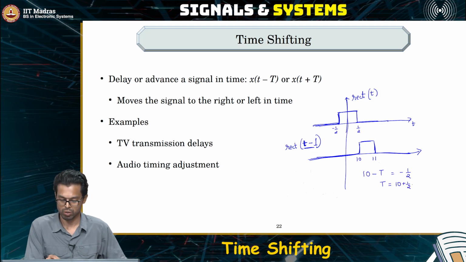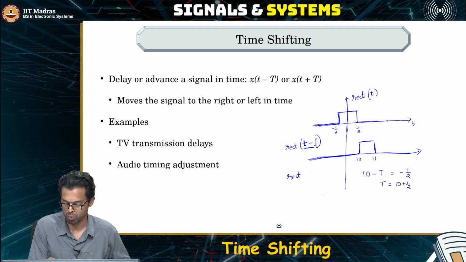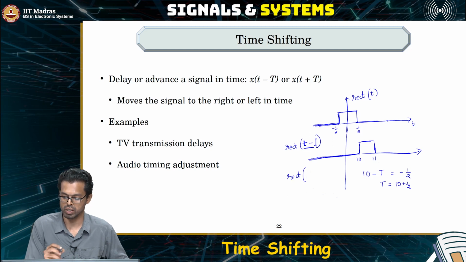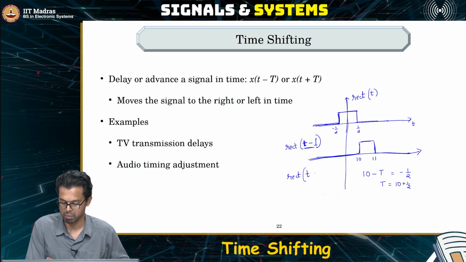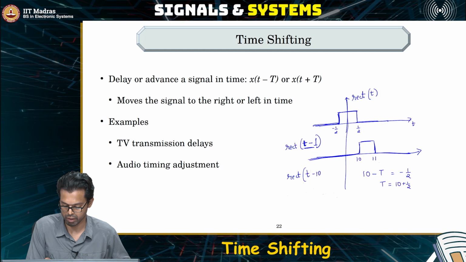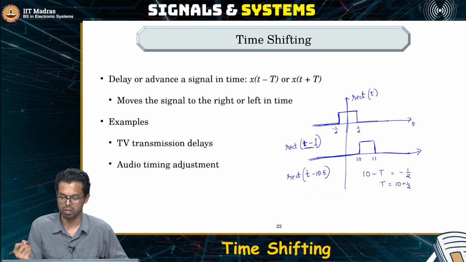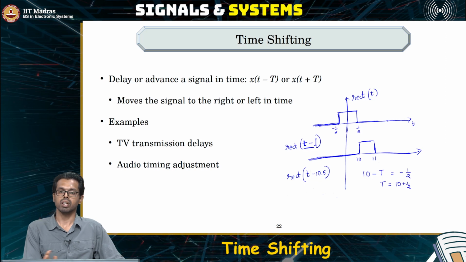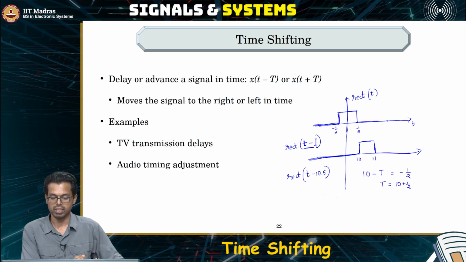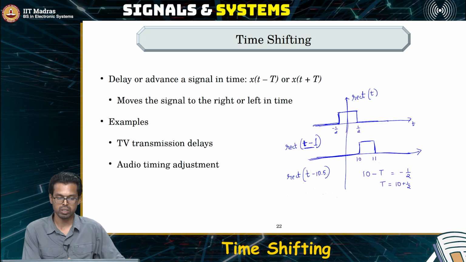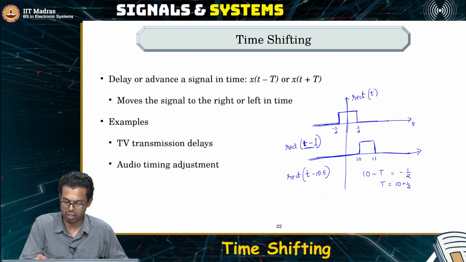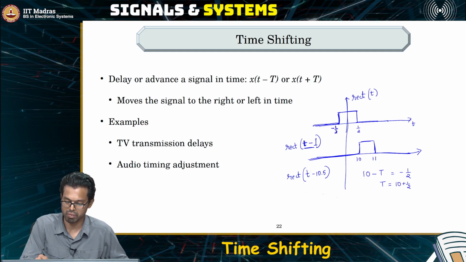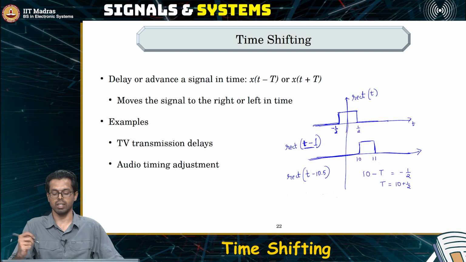Okay. So when you want to represent this shifted signal, you can say t minus 10.5. So if you have this as t minus 10.5, it means that we have shifted the signal to the right. In other words, we have delayed it. So something that has to start at minus half a second, we have delayed it to start at 10 seconds.